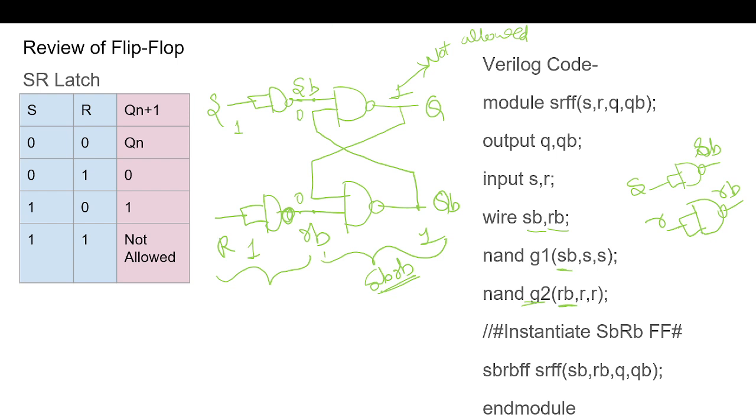If it is sensitive at the edge, these edge sensitive devices we will call flip flops. If there is no enable, it will be sensitive to both positive and negative level. So this is also one type of latch.